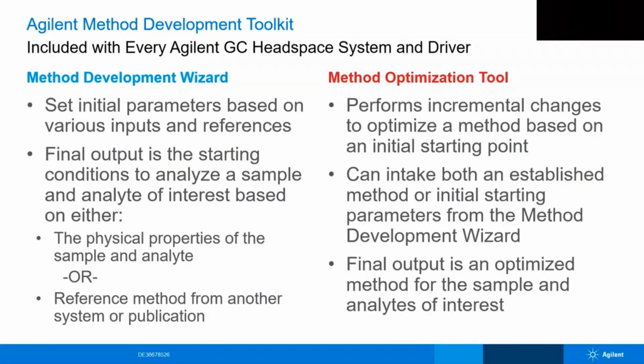And so this gives you data that you can overlay and see which parameters had the strongest effect on your response. And so we can use this if we take an established method and maybe we need to tweak it for a new compound. There's a lot of use cases for doing this. We're always trying to press to make our instruments run as optimally as possible. But the desired output here is an optimized method that is robust and is designed around our analytes of interest.